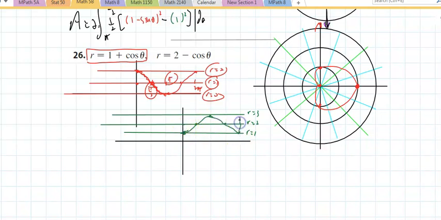This is 2 pi over 2, and 3 pi over 2. At 0, I am at 1. This increases. By the time I hit pi over 2, I am at 2. It keeps on increasing. By the time I hit pi, I am at 3.